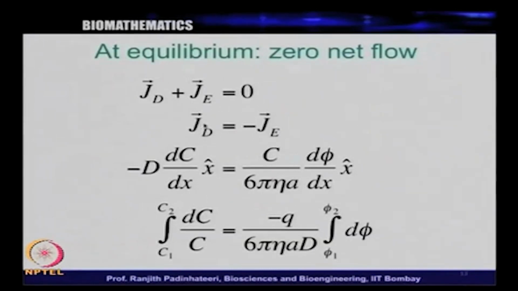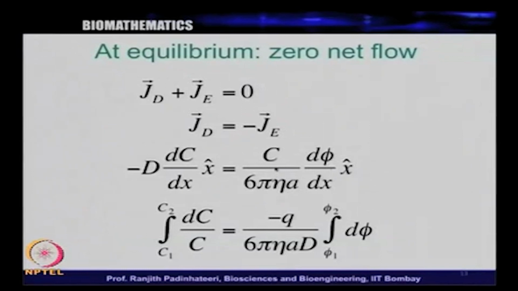Now we can substitute for J_D and J_E. If you go back and look at the expression for J_D, we had written minus dc by dx x cap, and J_E was c into q by 6 pi eta a into d phi by dx x cap.